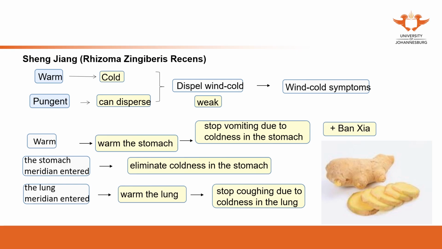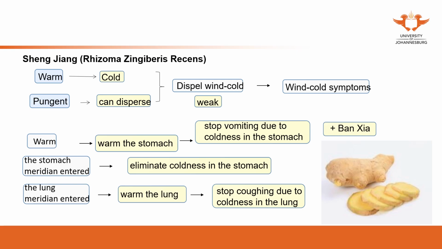When ginger is used to stop coughing, it can only be used in the condition due to cold. Coughing can have many different causes, but ginger can only be used in the cold condition.